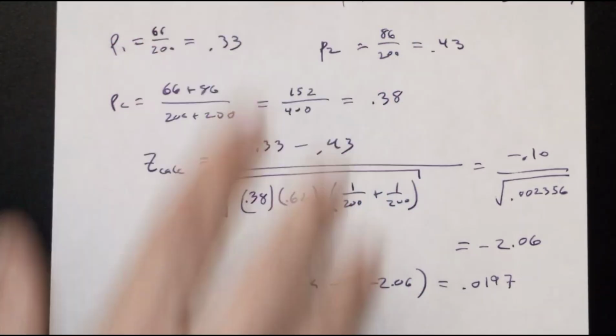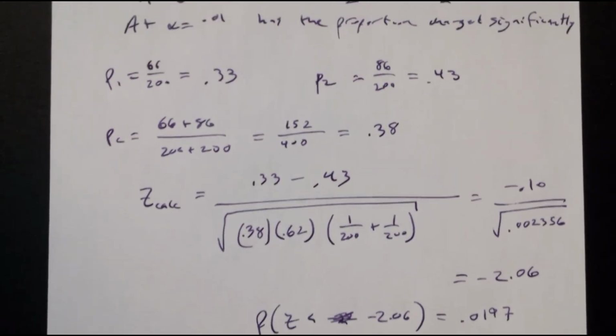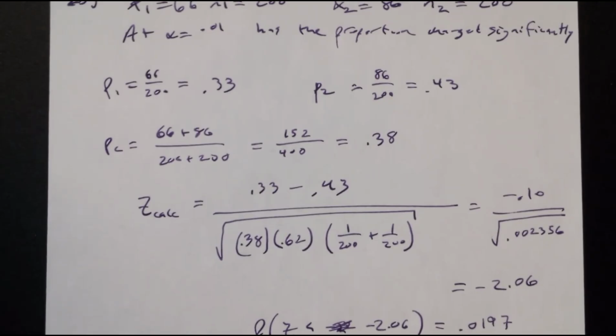Oh, it's off the top of the screen. If alpha is 0.01, this p-value is bigger than that, I should not reject. I'm not in the rejection zone. If I'm not in the rejection zone, I need to support the null hypothesis. There has been a change. It is not statistically significant.